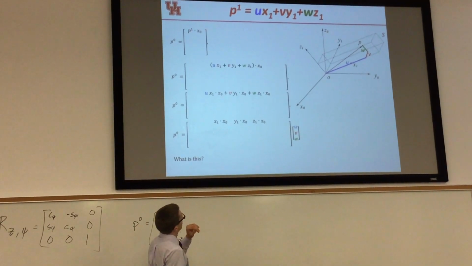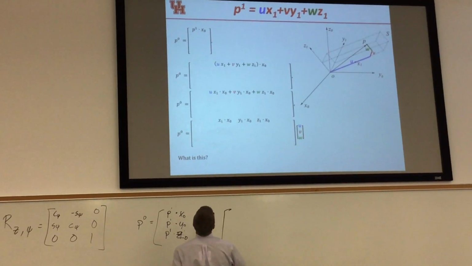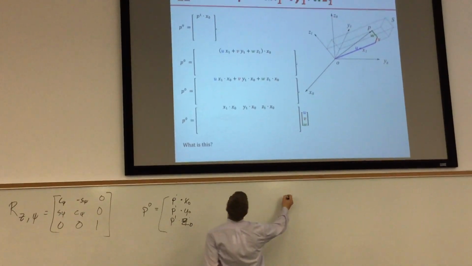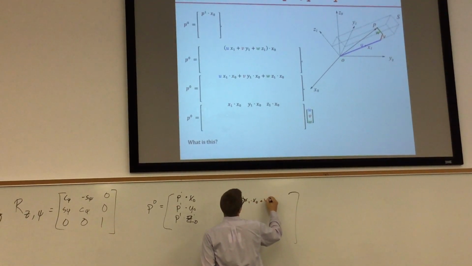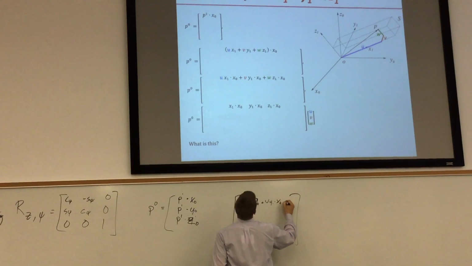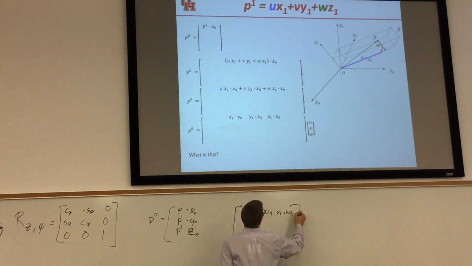I've got u x1 dot x0 plus v y1 dot x0 plus w z1 dot x0.